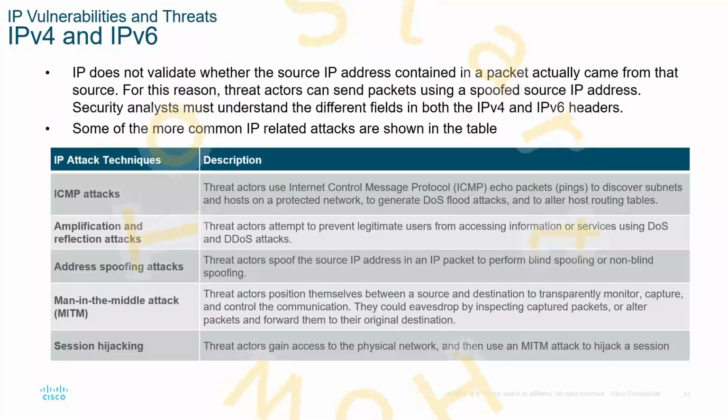That could be, again, ICMP attacks. That's where someone will use an echo packet or ping to discover subnets. We have application and reflection based attacks. That's normally where we're going to be using a DoS attack to attempt to prevent legitimate users from accessing information.